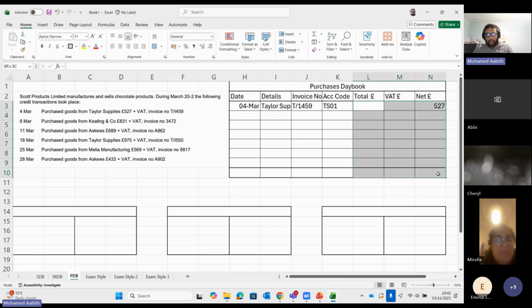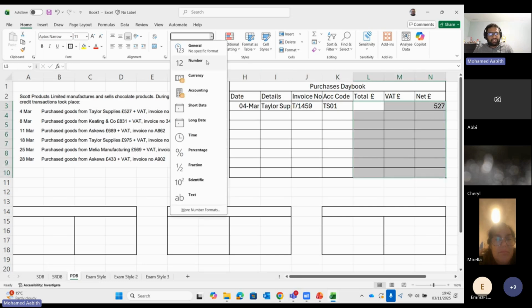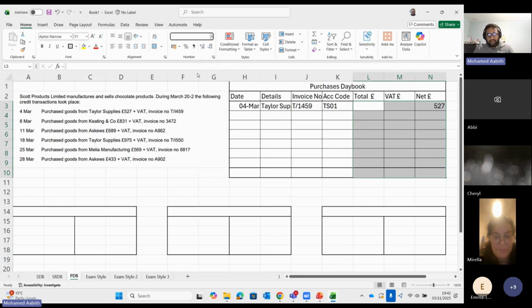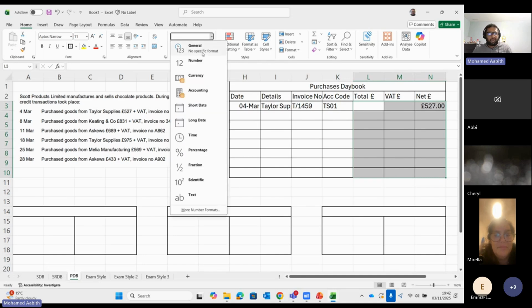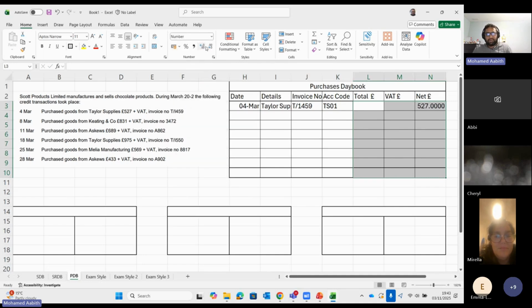So what I'll do here quickly is pre-format it to 2 decimals. If I change that all to currency, 2 decimals, okay, we'll get to that bit later on.